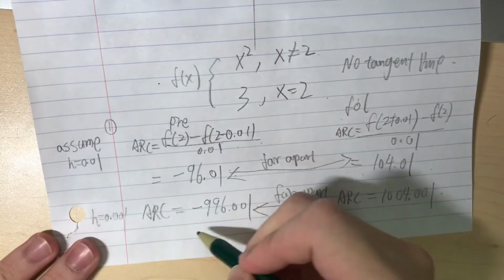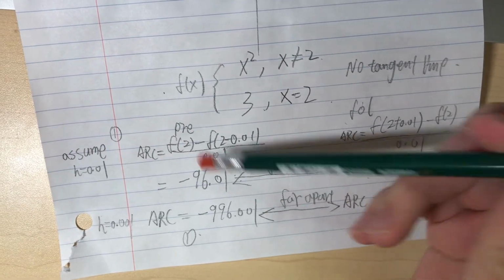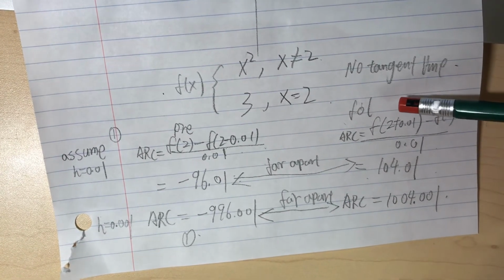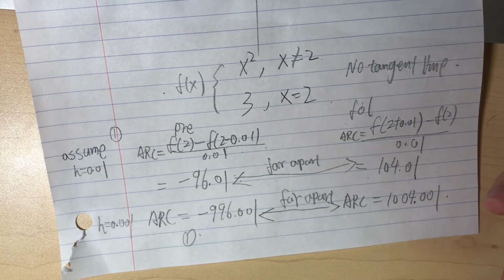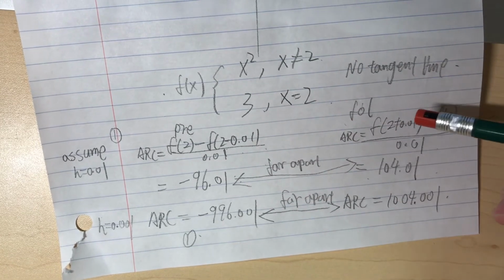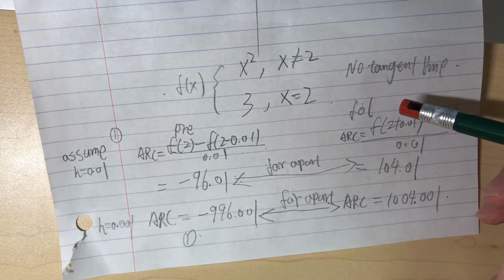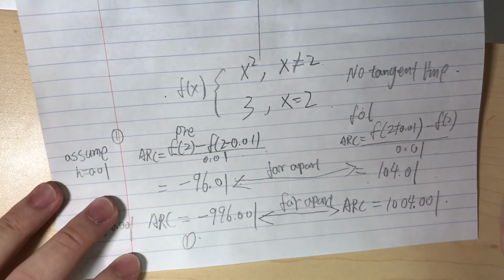We can make a first conclusion after we use the preceding interval formula and following interval formula. When we see these two answers are far apart, we can say the graph does not have a tangent line.